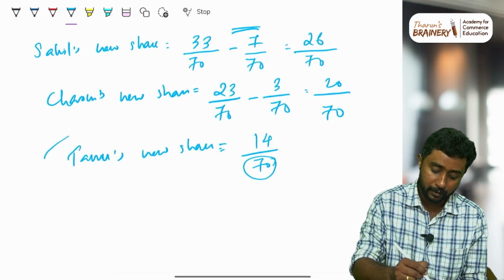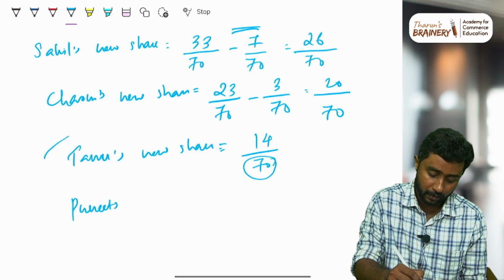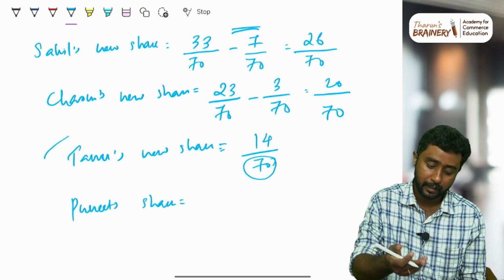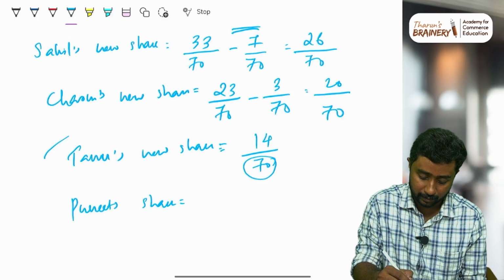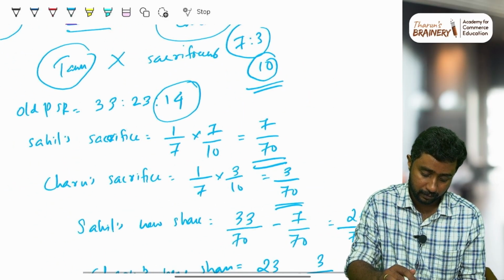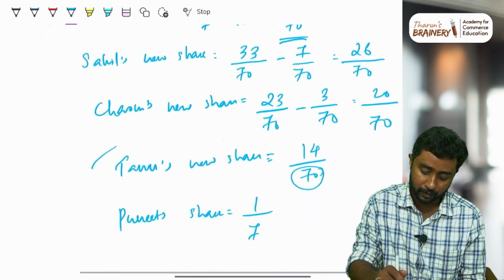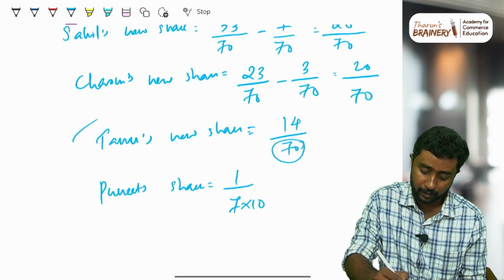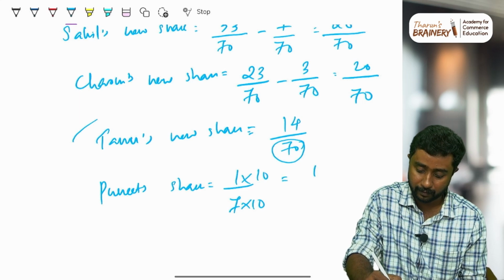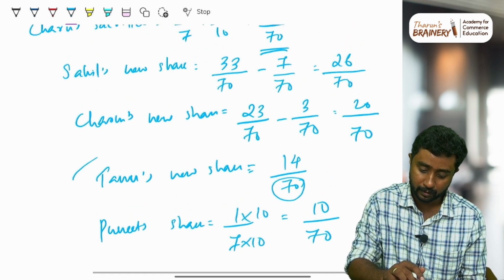Now coming to the next person, that is Puneet. Puneet's share is already given in the question, 1 by 7. So that 1 by 7 we are multiplying by 10 to make it 70. So 10 by 70.